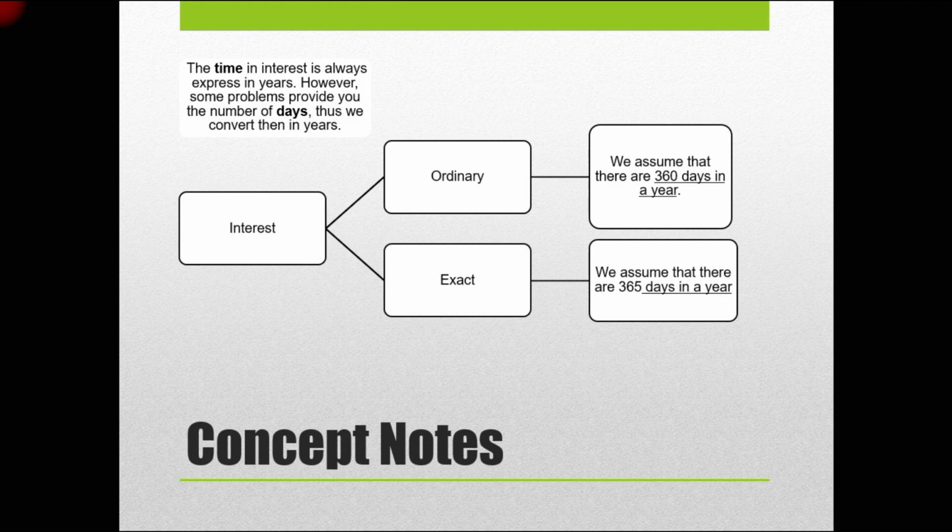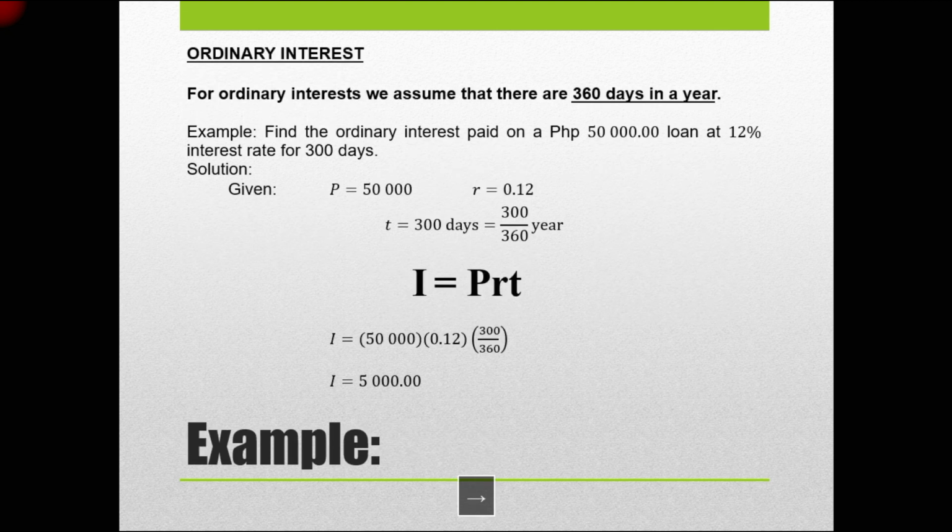For ordinary interest, we assume that there are 360 days in a year. While in exact interest, we assume that there are 365 days in a year. So, yun lang yung difference natin. For ordinary, 360 days lang. And for exact, 365. So, let's try sa isang example.